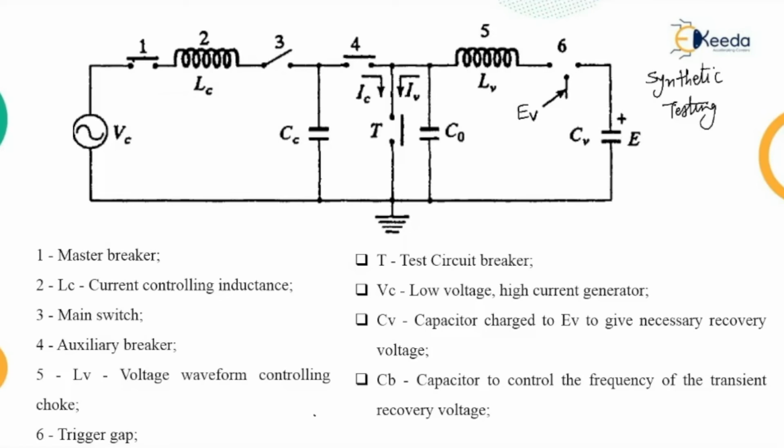Hence, the effect of short circuit is obtained as regards the intensity of current and the recovery voltage as a combination of effects of two sources, one which supplies the AC current and the other the high voltage.